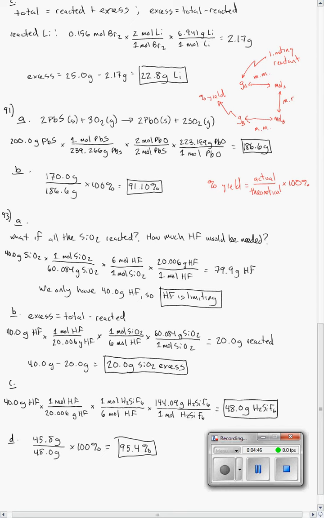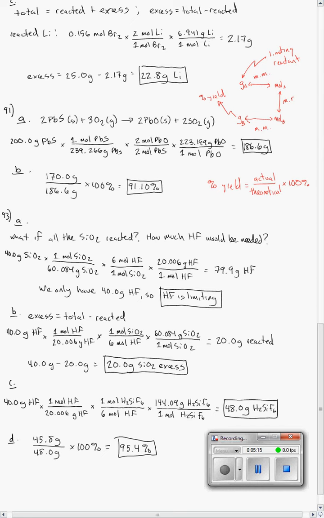We want to figure out A, what the limiting reactant is, B, what's the mass of the excess reactant, so what's the mass that's left over, C, what's the theoretical yield of hexafluorosilicic acid, H2SiF6, so what are we supposed to get? And D, if we actually get 45.8 grams of this hexafluorosilicic acid, we want to know what the percent yield is.